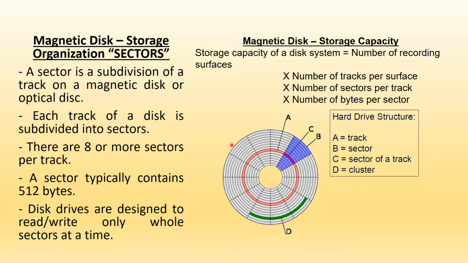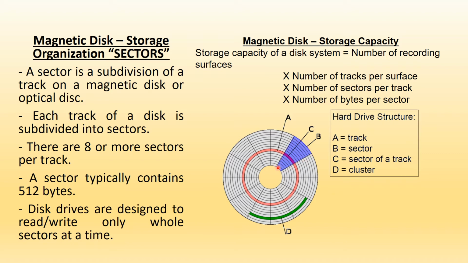Alright, so the first part is the sector. We need to understand what a sector is. A sector is a subdivision of a track on a magnetic disk or optical disk, and this is this part again over here. Remember I told you that it looks like a pizza slice or a cake slice.